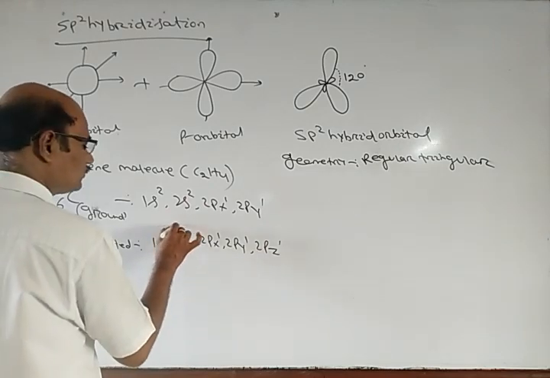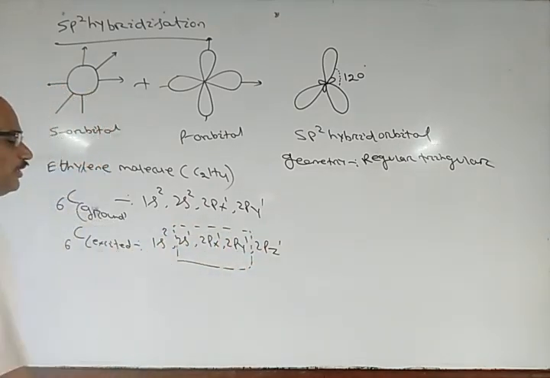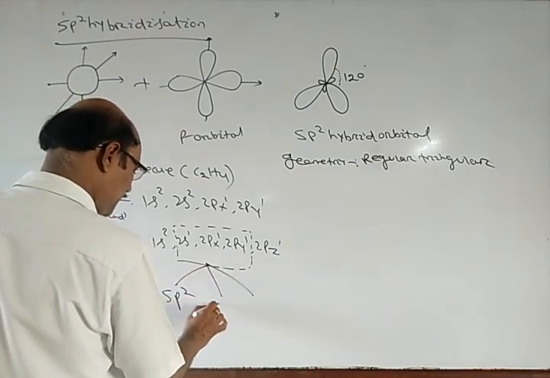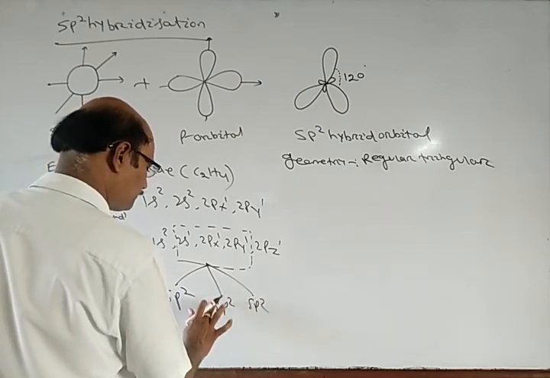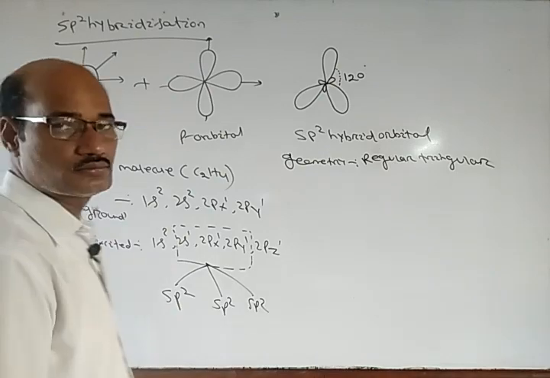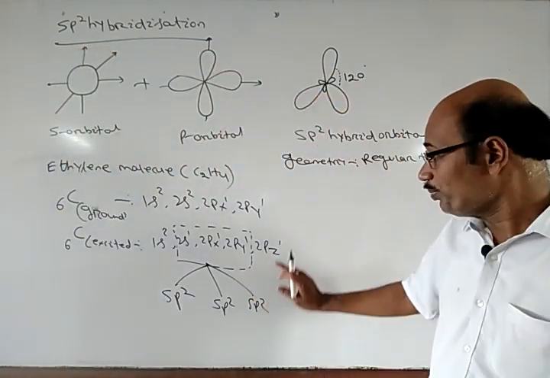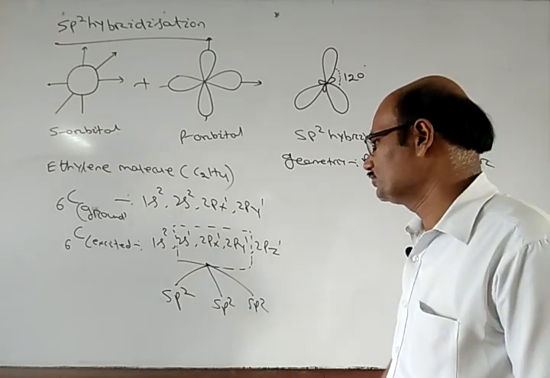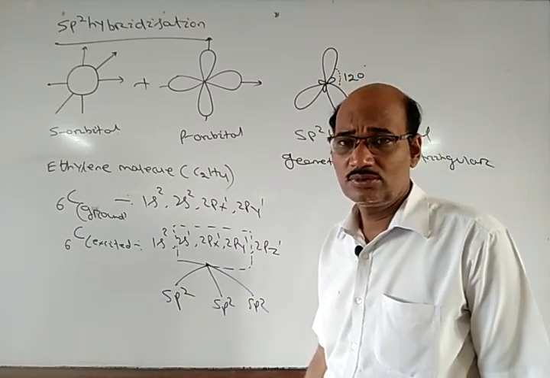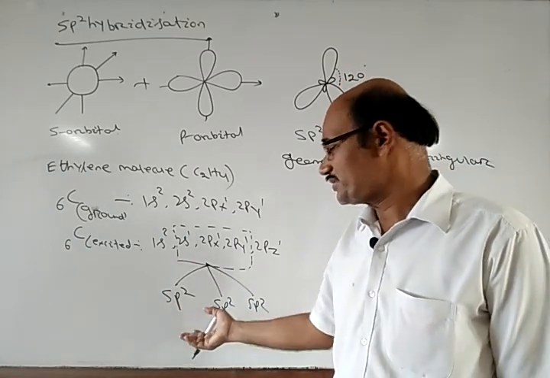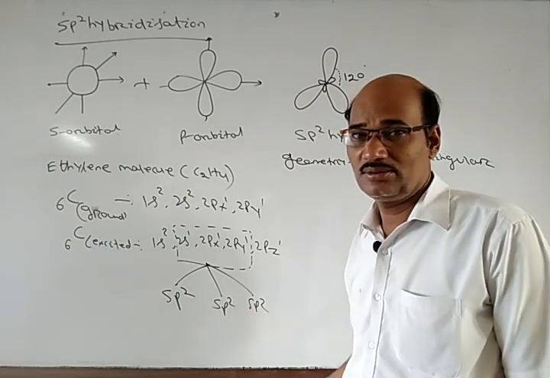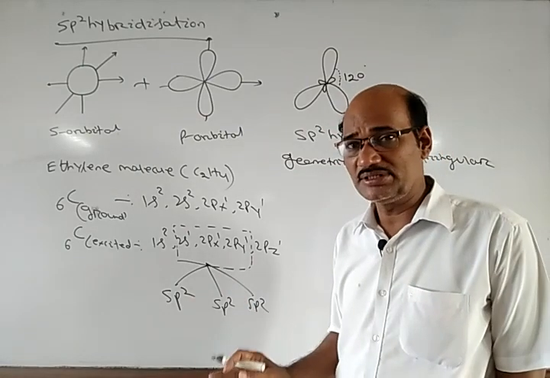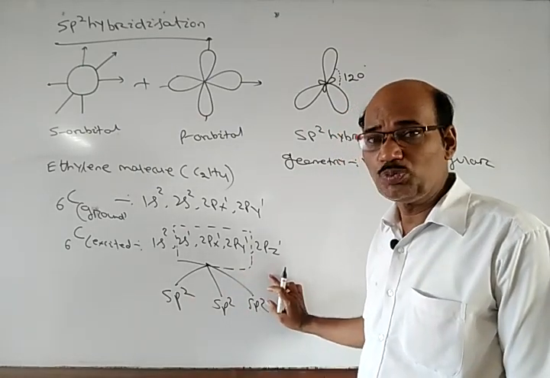1s and 2p orbitals will intermix to give what? 3 sp2 hybrid orbitals. And one 2pz remains unhybridized. So when I take 2 carbon atoms, I have 6 sp2 hybrid orbitals, 3 from each carbon, okay. And again each carbon has 1 unhybridized 2pz orbital.